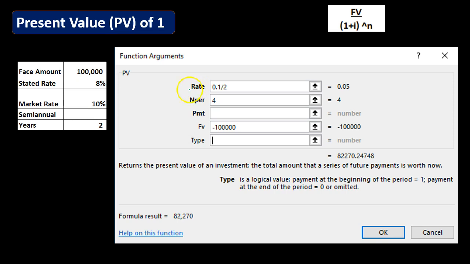We want to take the rate of 10%, because we're looking at the market rate to present value this thing, and we're going to divide it by 2, so 0.1, 10% divided by 2 to get the market rate for a semi-annual period. And then we're going to take the number of payments, which is going to be 4, and that's going to be the 2 years, and we're going to pay every 6 months. So we'll take that and multiply it times 2 to get 4 periods.